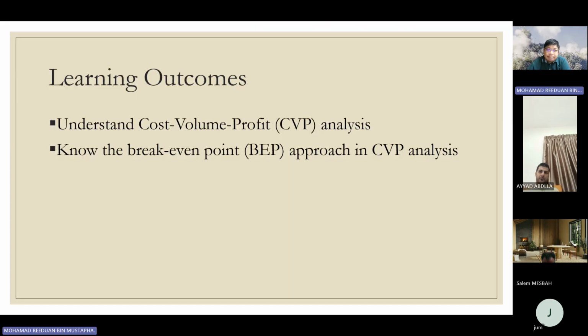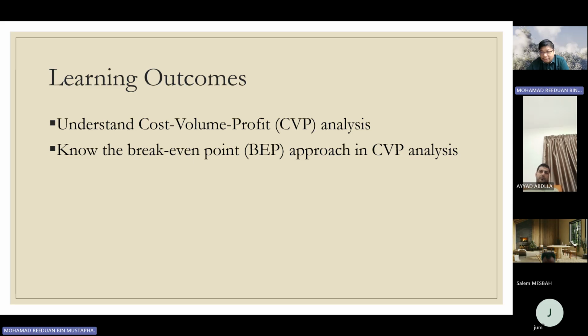The learning outcome of this topic is that you should understand what cost-volume-profit analysis is, and you should know the break-even point approach in CVP analysis. The break-even point is the point where you neither lose nor gain.